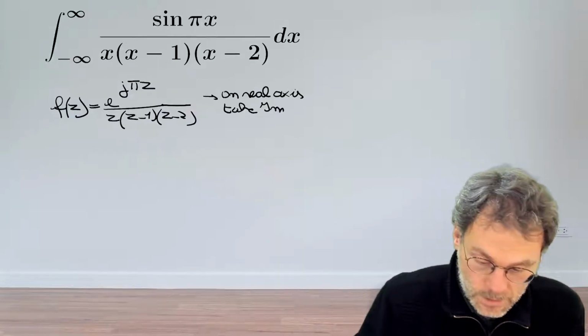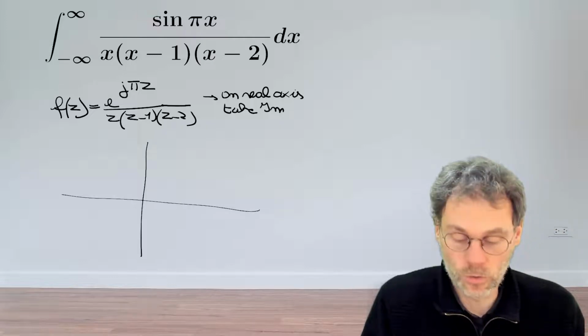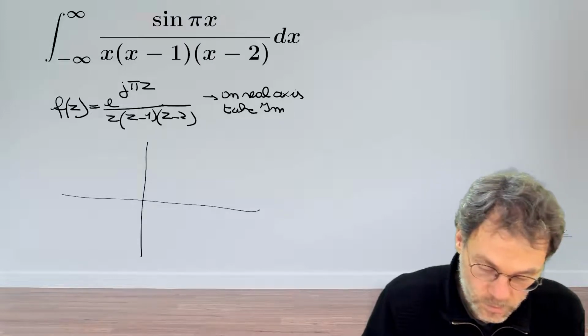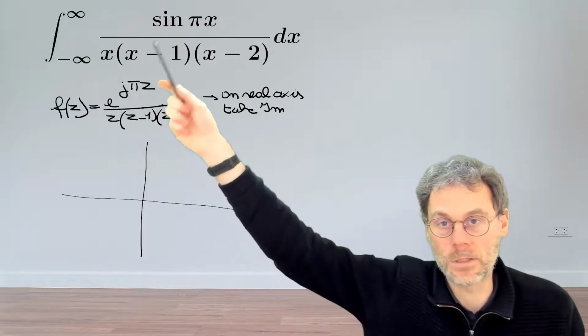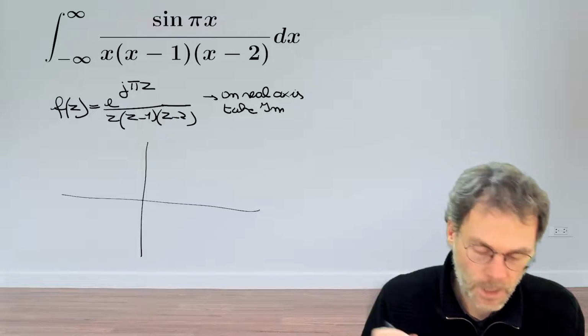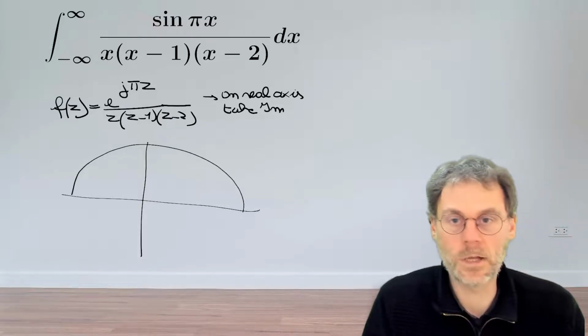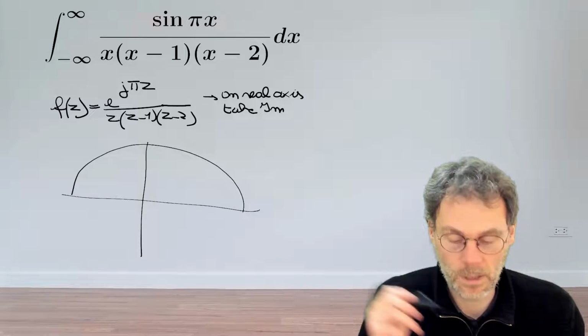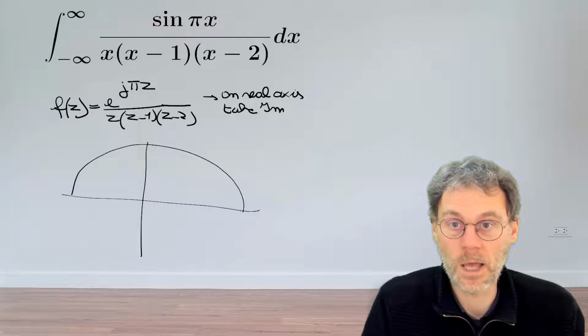Okay, that's one thing taken care of. The second thing we need to worry about is the contour. Obviously, we need to include the real axis somehow, because this is what we're after. And then we need to close that, and let's close that in the upper half plane. Later on, we'll verify that this is indeed the correct choice for this case.